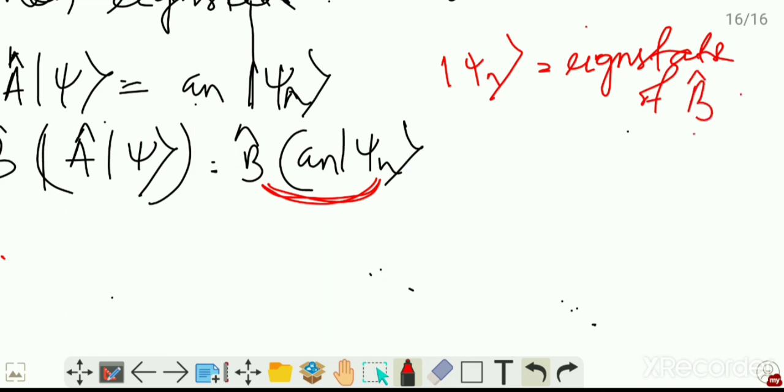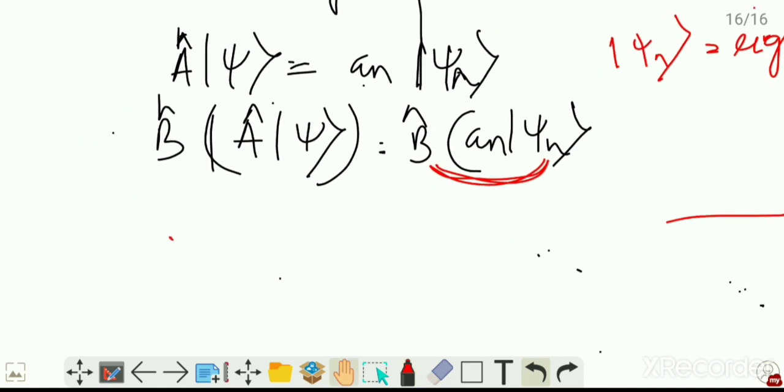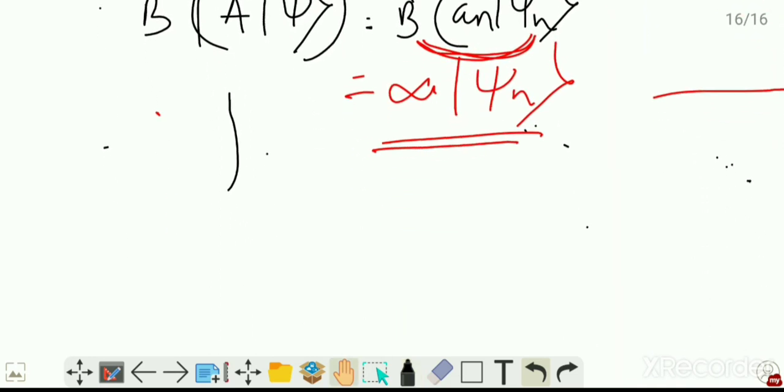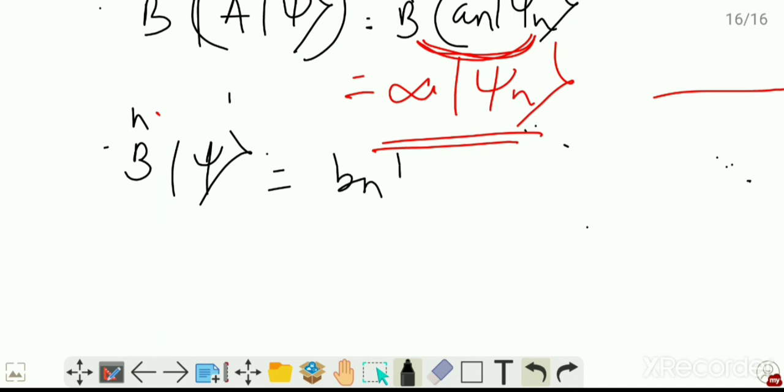So now the result will be alpha into an and psi of n. It will remain in that state. And next, when we measure B cap on psi first, that will give Bn and psi of n.